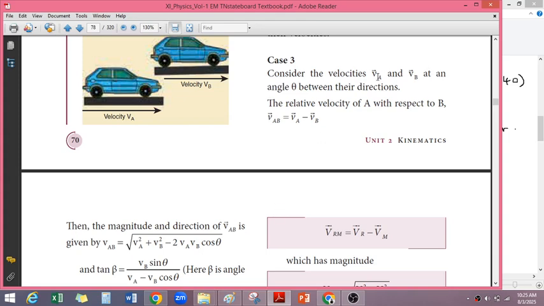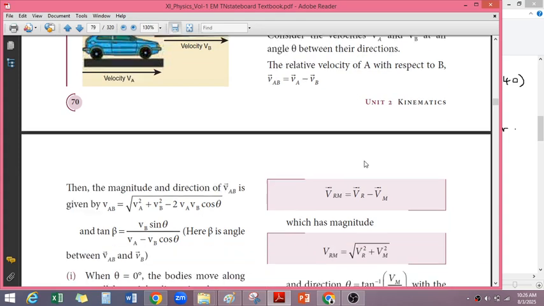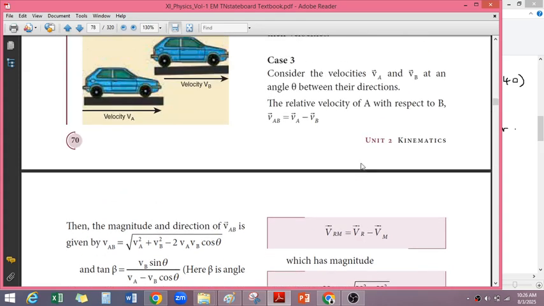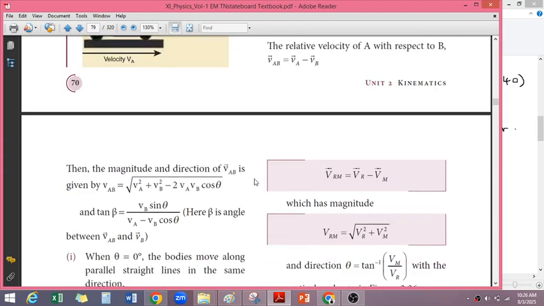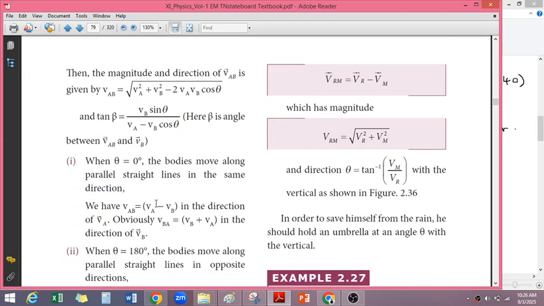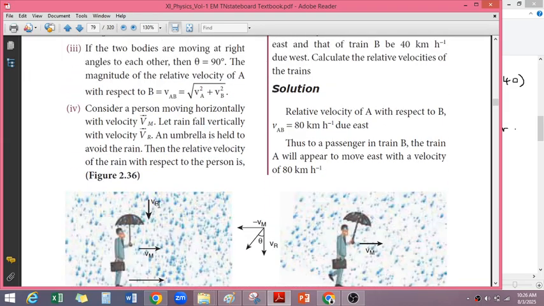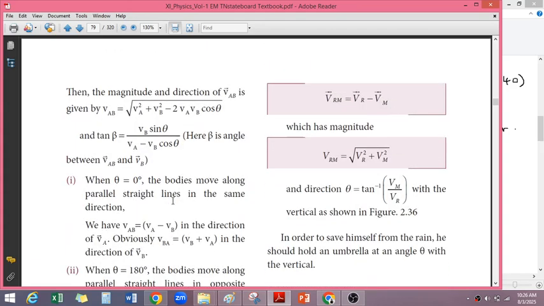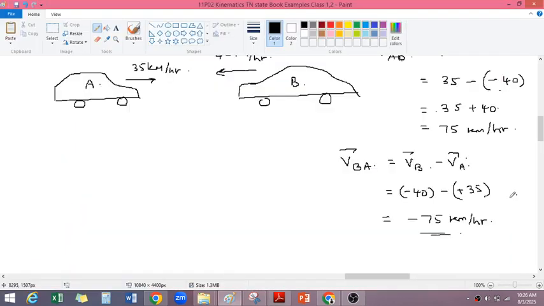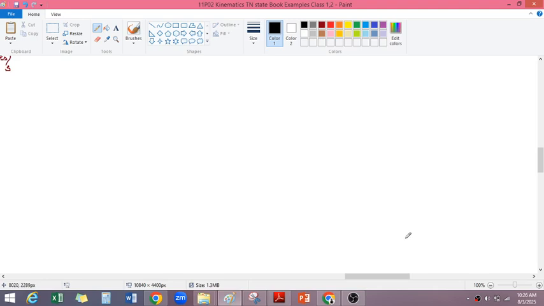Velocity of A and B need not be in a straight line. It can be in two dimensions, with an angle between them. In that case, what will happen to the change in velocity? So that is what is given here. They are not shown the diagram, unfortunately. The diagram is more important.